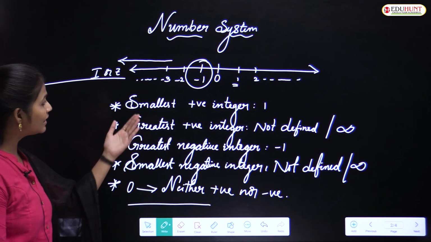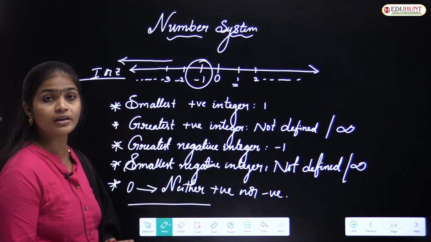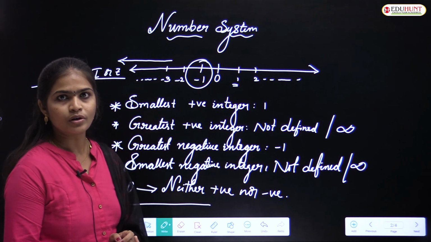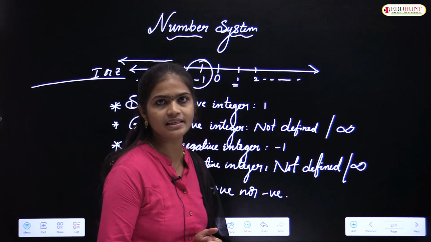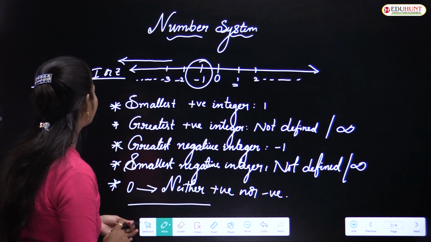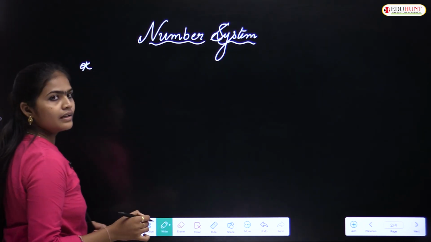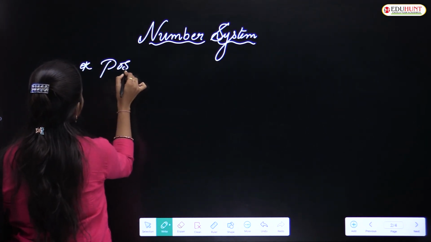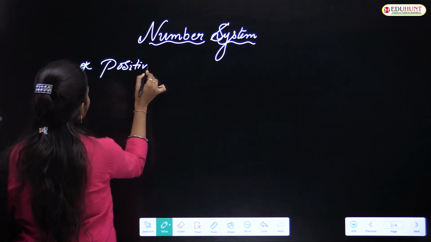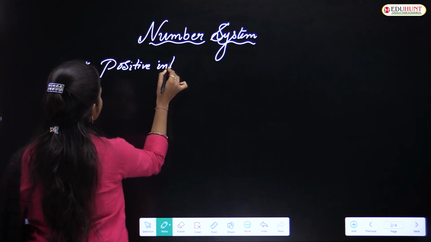Next see here, we can discuss the different types of sets of integers. Okay, positive integers, negative integers, non-positive integers, non-negative integers. Here the first type of set is the positive integer set. Positive integers.